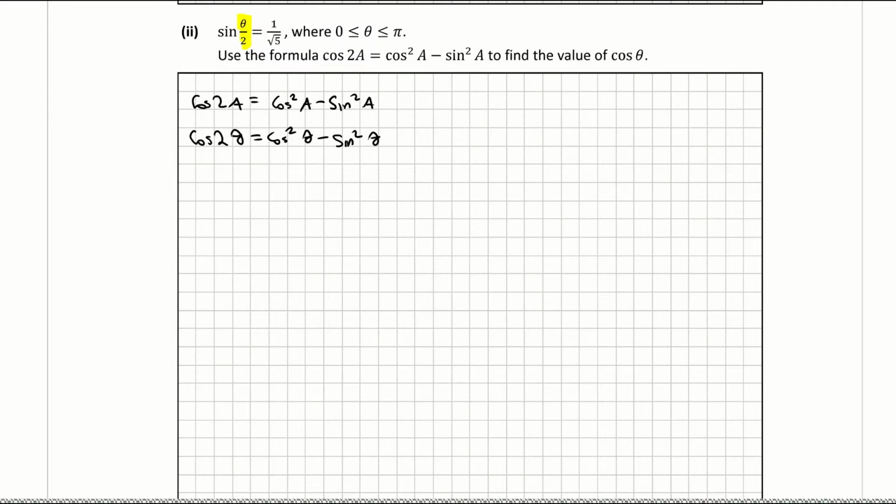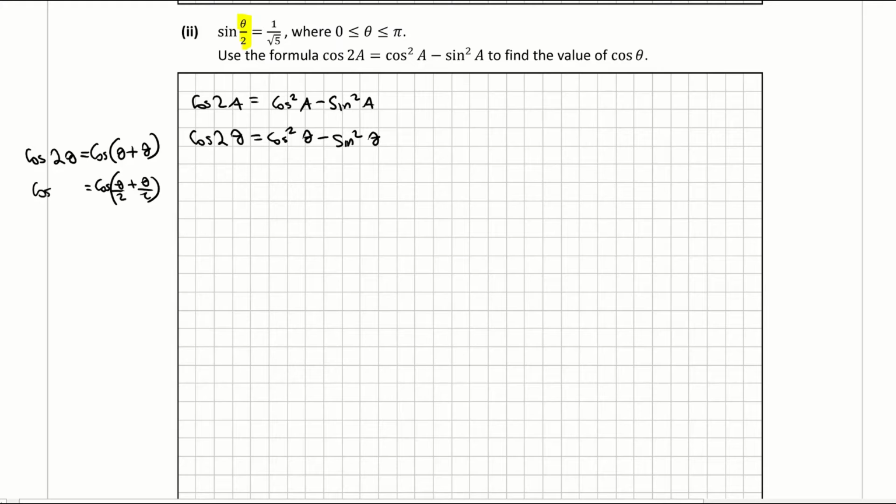So let's have a look at how we can change our cos 2 theta. Well, we know that cos 2 theta is cos of theta plus theta. But my angle in this case is not theta, it's theta over 2. So if we look at it this way, I'm kind of working backwards here.